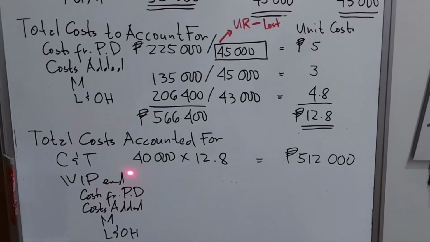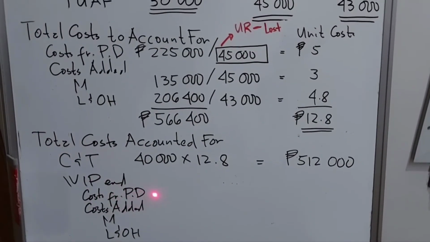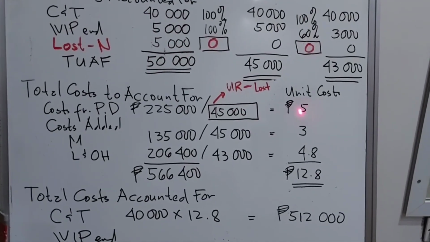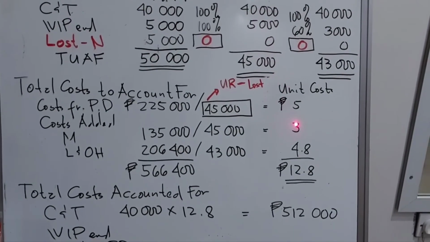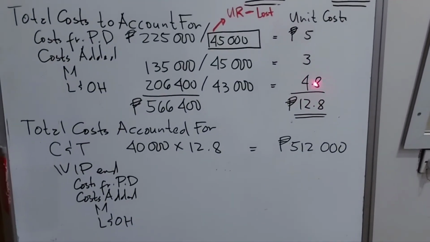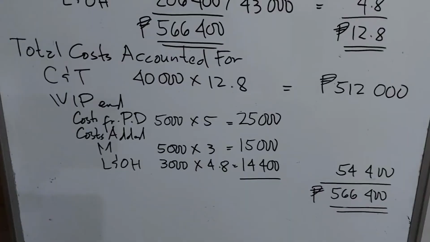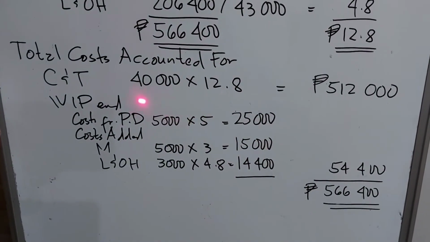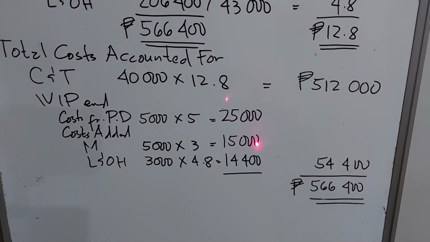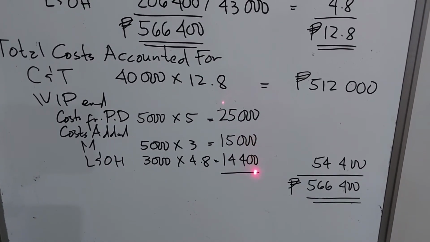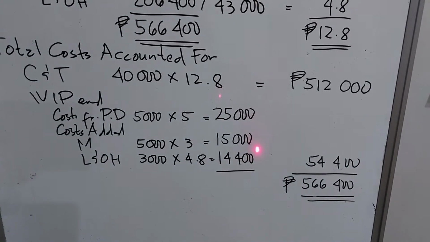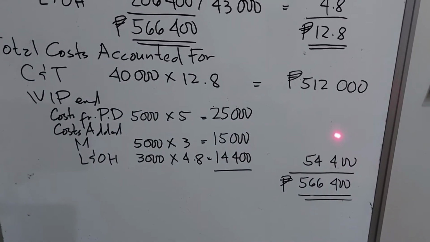Pag work in process ending naman, anong gagawin natin? Yung units from preceding department, 5,000 times 5, 5,000 times 3, and 3,000 times 4.8. Okay? So, sa work in process ending, ang cost from preceding department ay 25,000, ang materials 15,000, ang labor and overhead ay 14,400. Pag tinotal natin yan, 54,400.